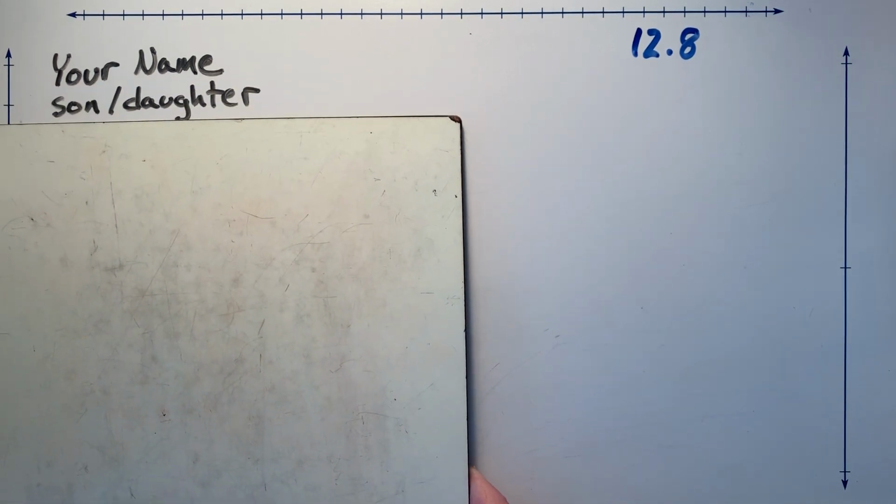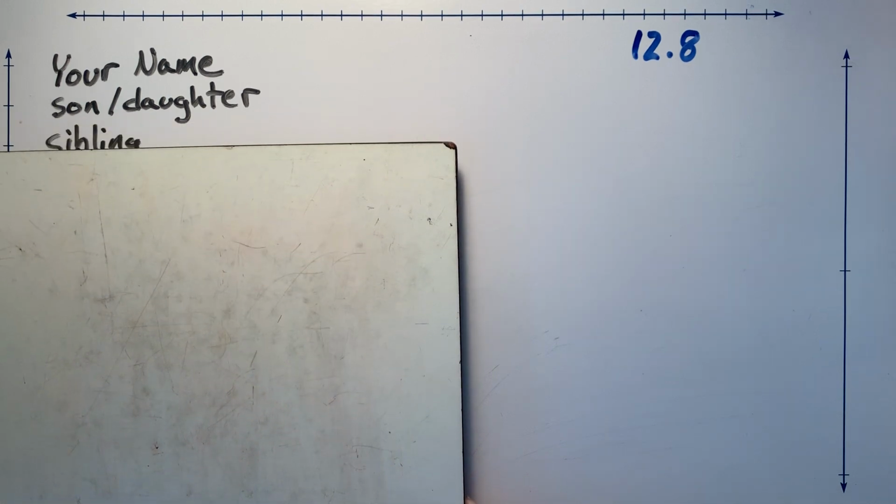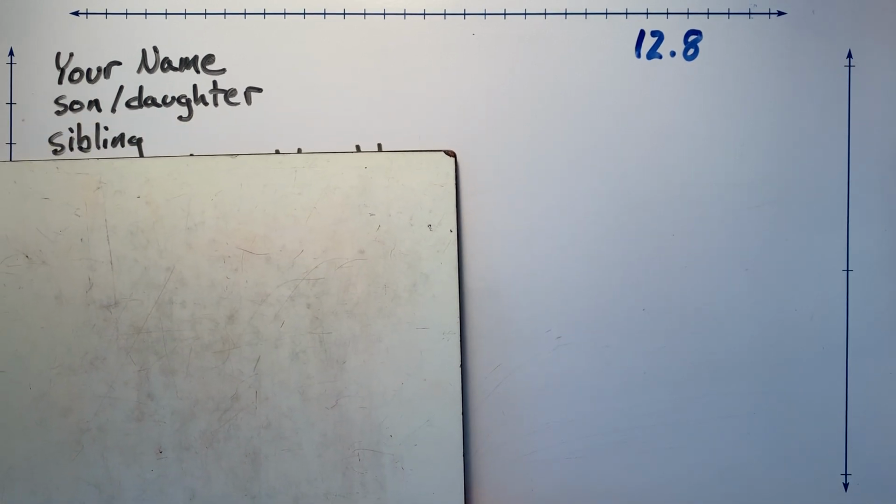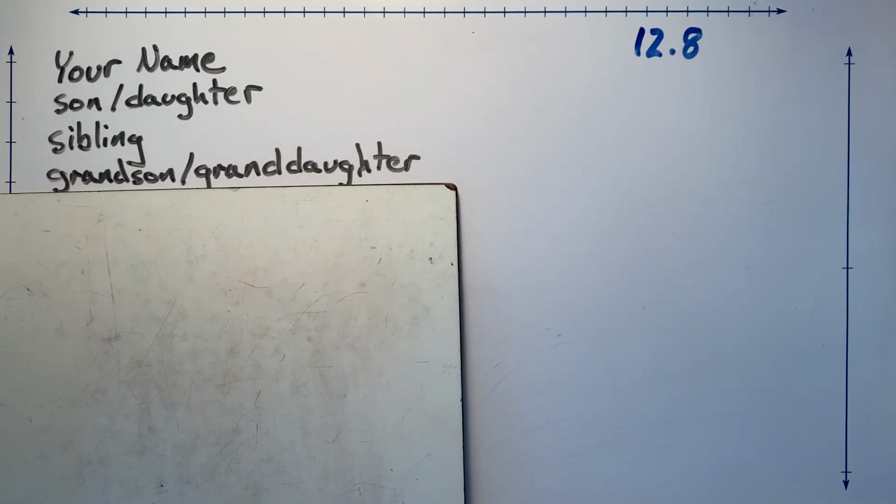And the next thing is, are you a son or a daughter? Most likely, yes. Well, in fact, you have to be a son or a daughter because you have parents. So if you're a son or a daughter, are you possibly also a sibling? Do you have a brother or a sister? You might have more than one, but are you a sibling? And if you're a son or daughter, that probably makes you a grandson or a granddaughter.